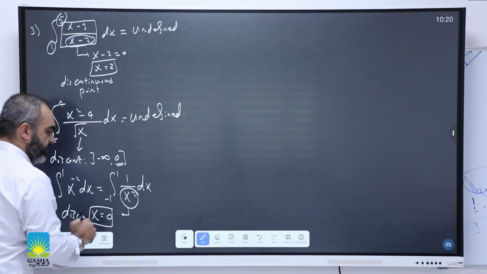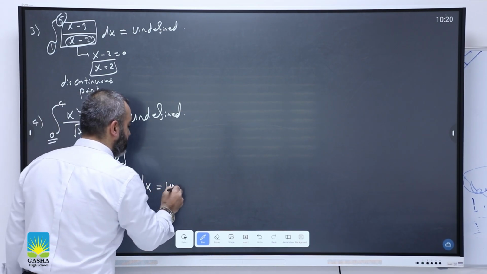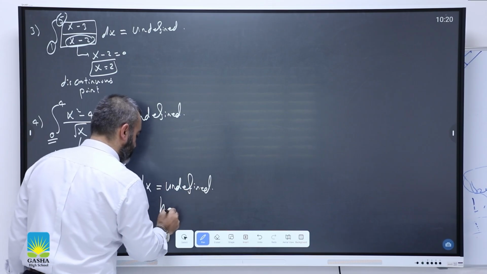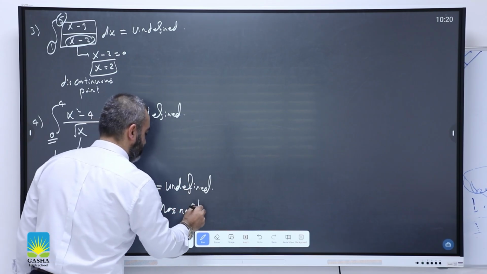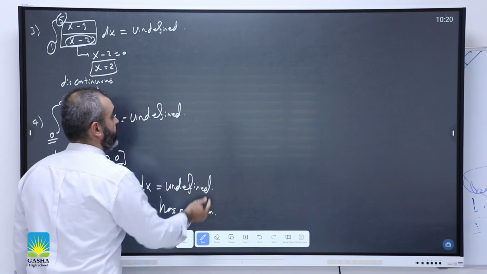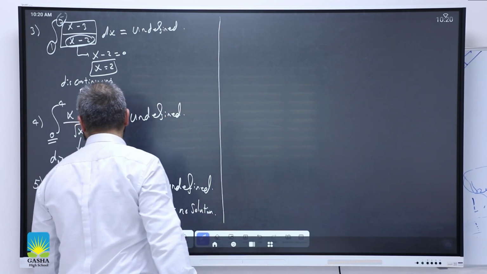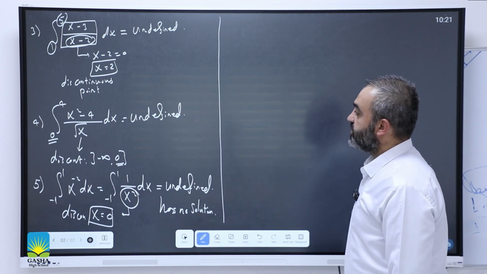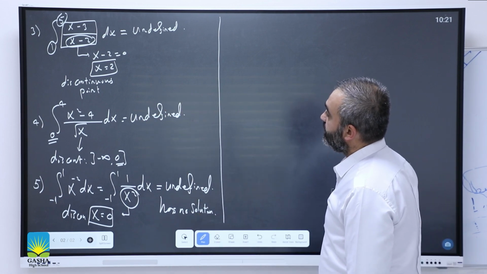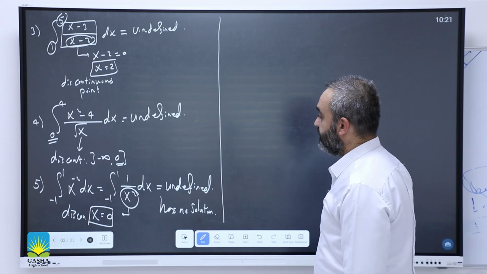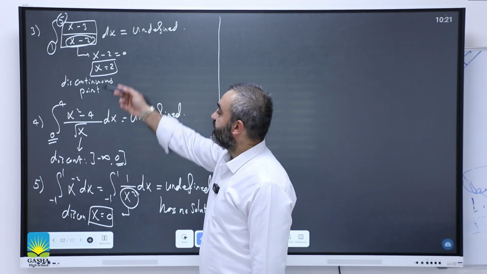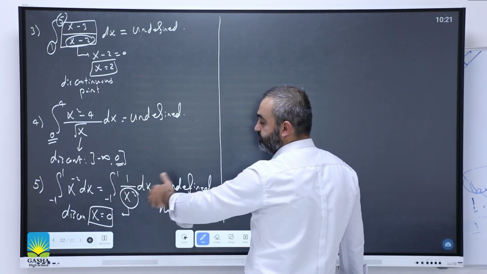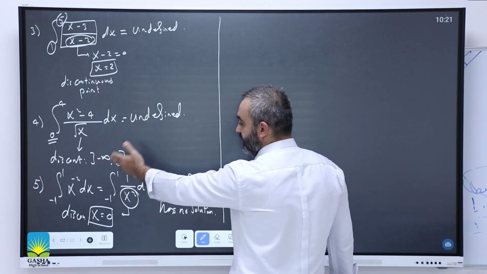So this is undefined, or has no solution, right? These examples cannot be solved as definite integrals because the function has a discontinuous point between a and b.